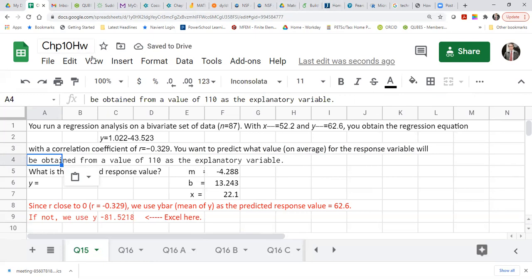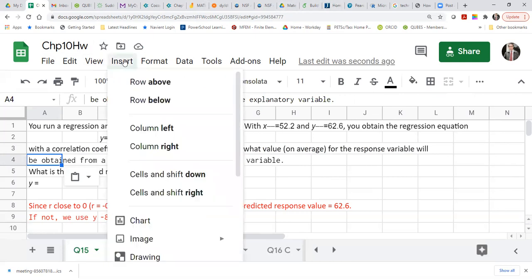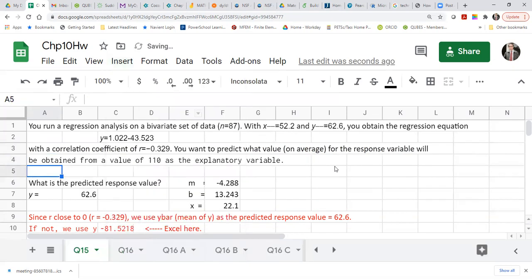Yeah, I can insert the space here. You can see now this is the x.